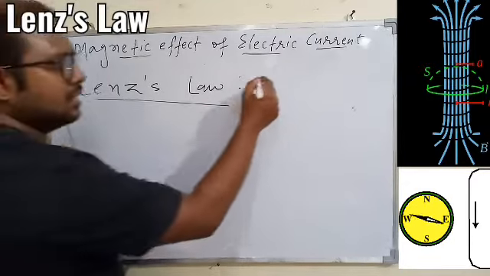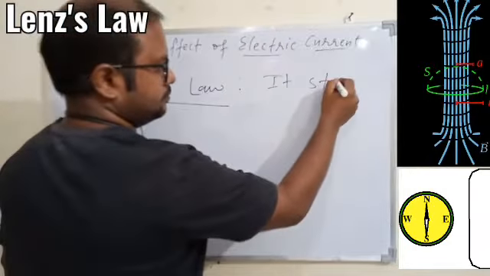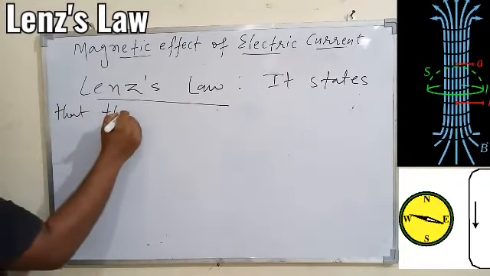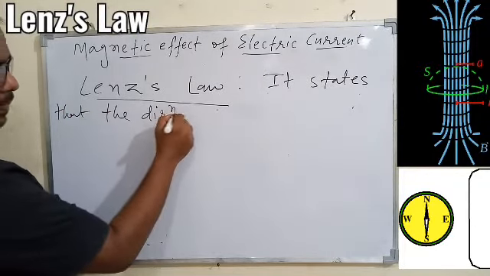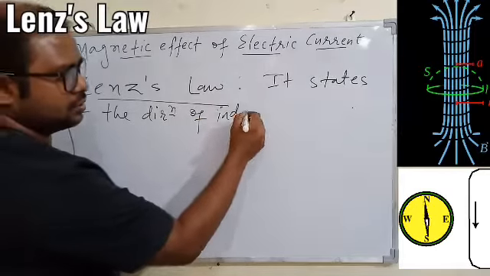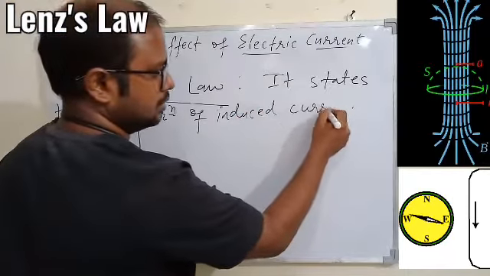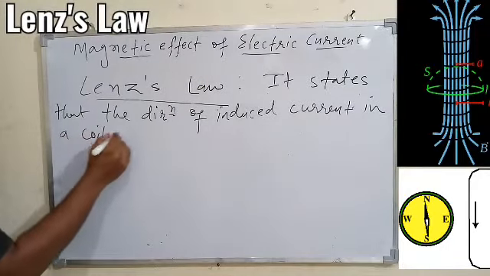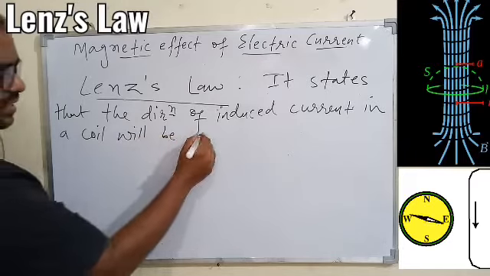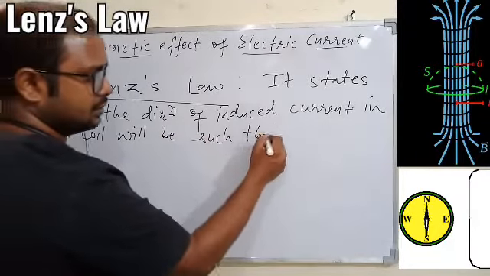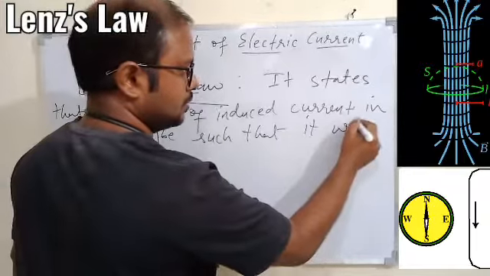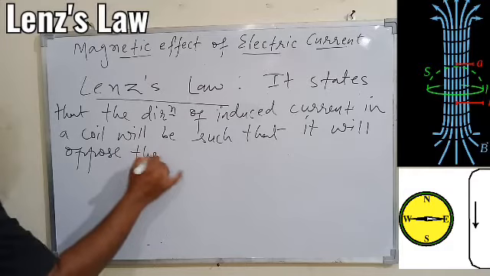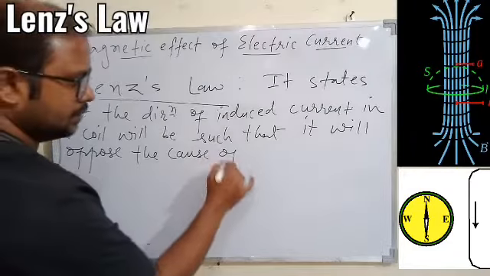So we can say it states that the direction of induced current in a coil will be such that it will oppose the cause of EMI.